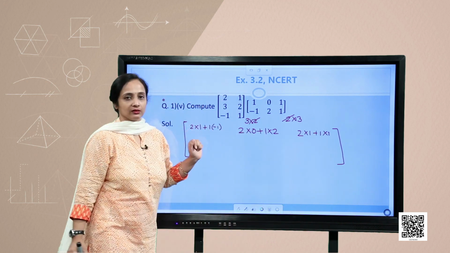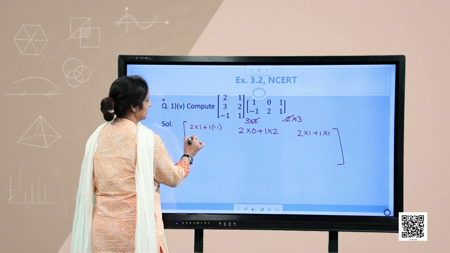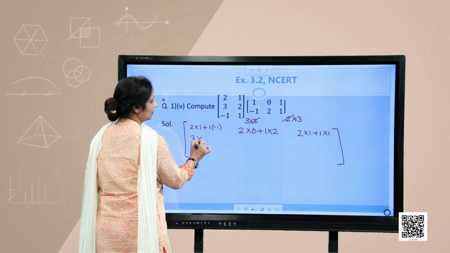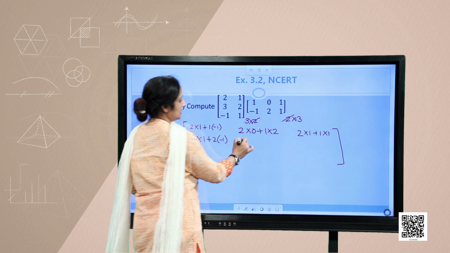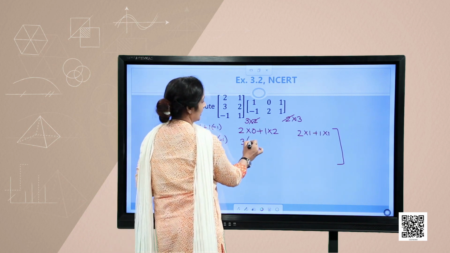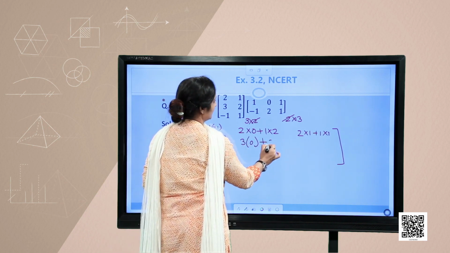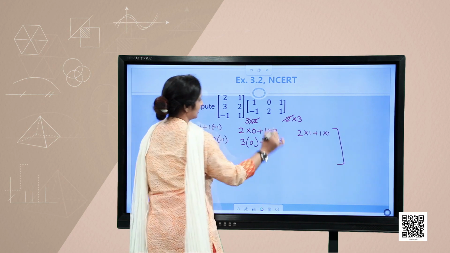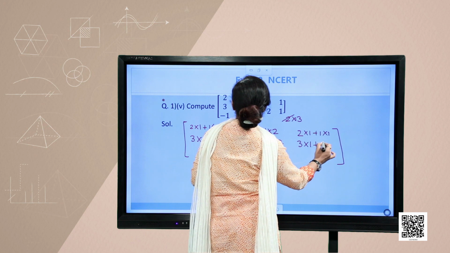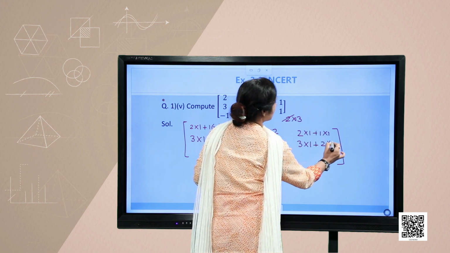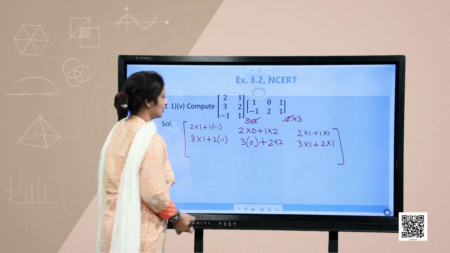Similarly, you can complete the other two rows by taking second row and first column, second row and second column, second row and final third column.